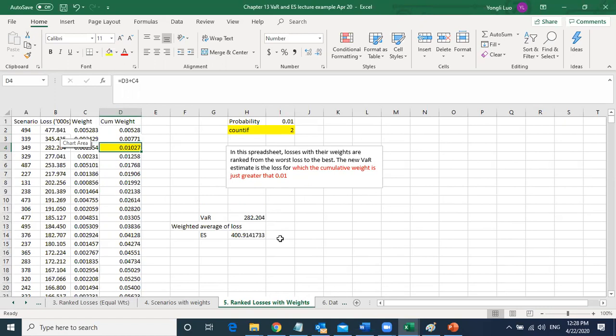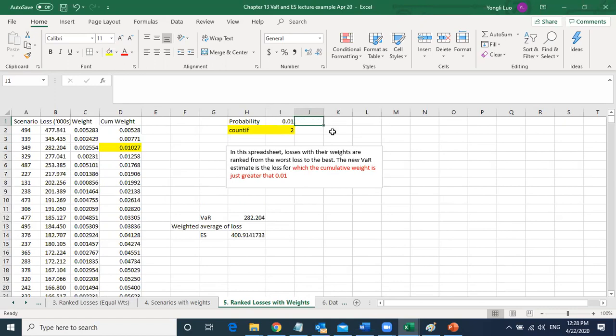Okay, so now what we do in the spreadsheet is look at the cumulative weight, which is just greater than 0.01. So you set this probability. What is the probability? About 99%.